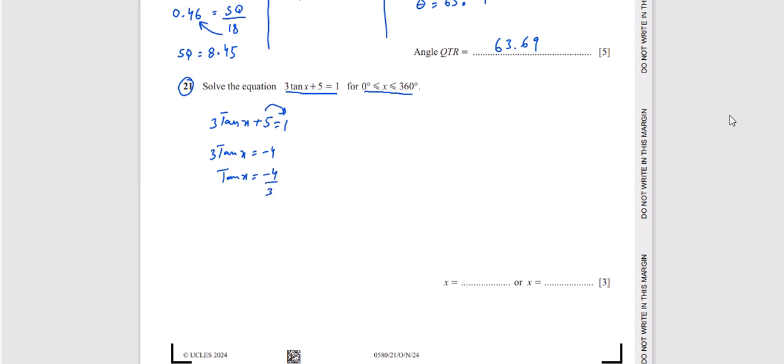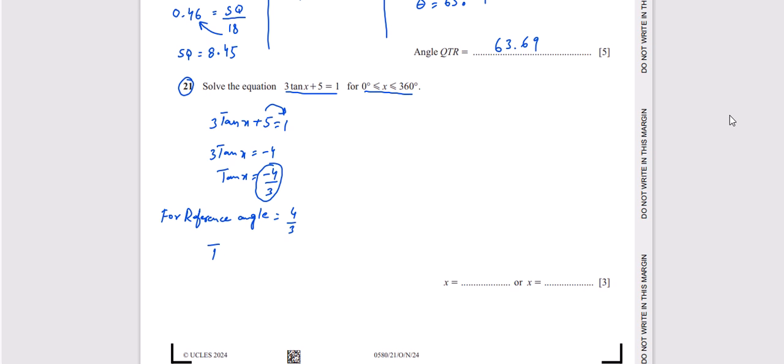Now we are going to solve to find the reference angle. For the reference angle, take the inverse of this side. For the reference angle, it will be equal to 4 by 3.